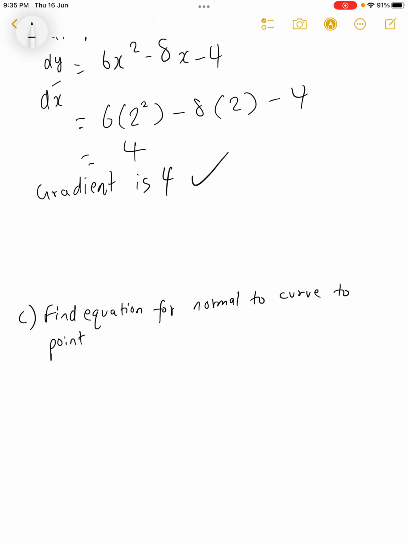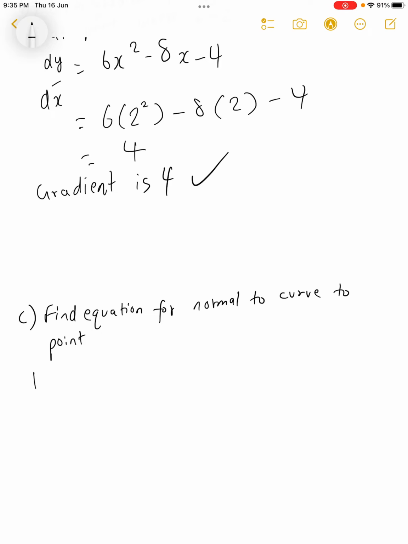Now, next one, find an equation for the normal to the curve at the point. Basically, they're saying hence or otherwise, find an equation for the normal to the curve at this point. This is a pretty good question. What you have to do is find out the gradient of the normal.